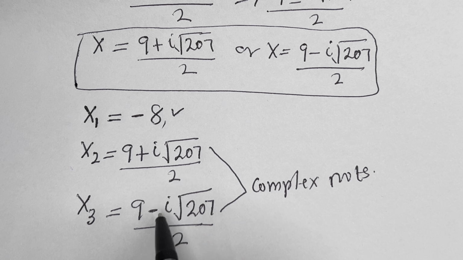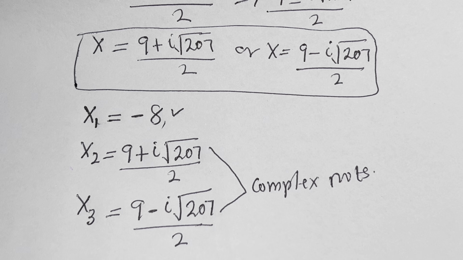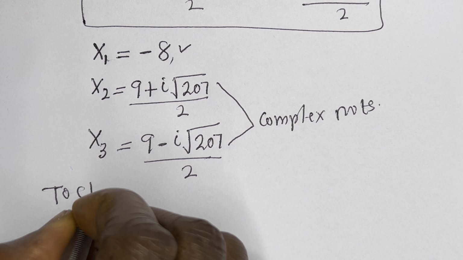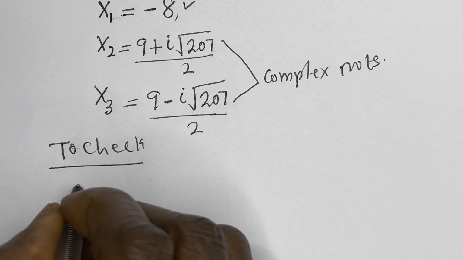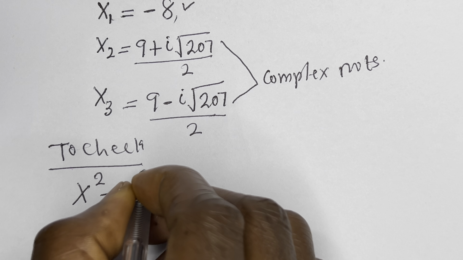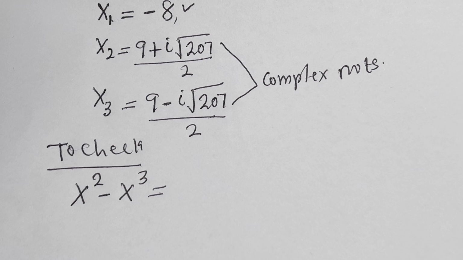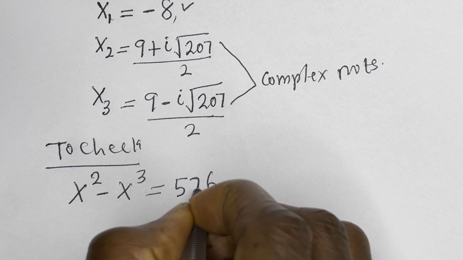So we may check to confirm if this answer is right or wrong. But for us to check, let's check with this real root and see. To check, we have the given equation s squared minus s raised to power 3 is equal to 576.